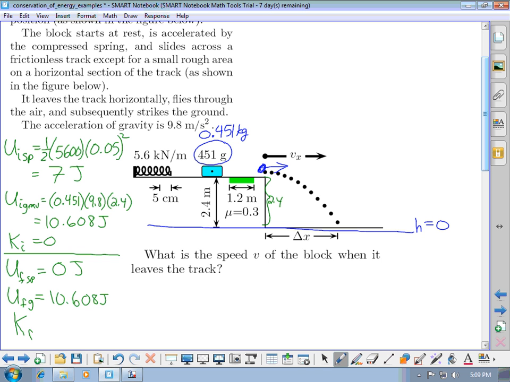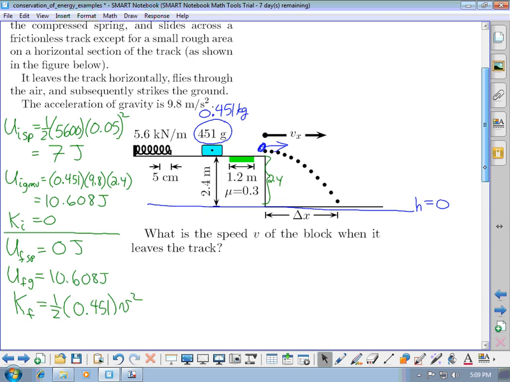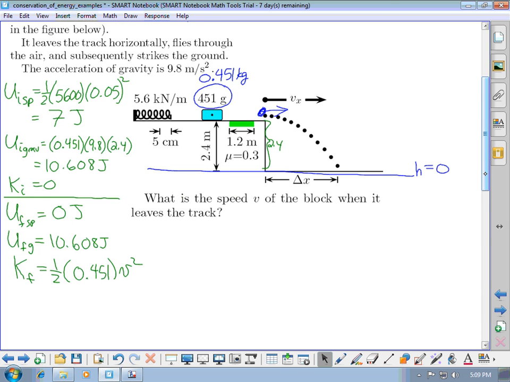The final kinetic energy is 1/2 times its mass, 0.451 kilograms, times the speed squared. But there's a little bit more that I have in this problem because I have to take into account the work done by friction.